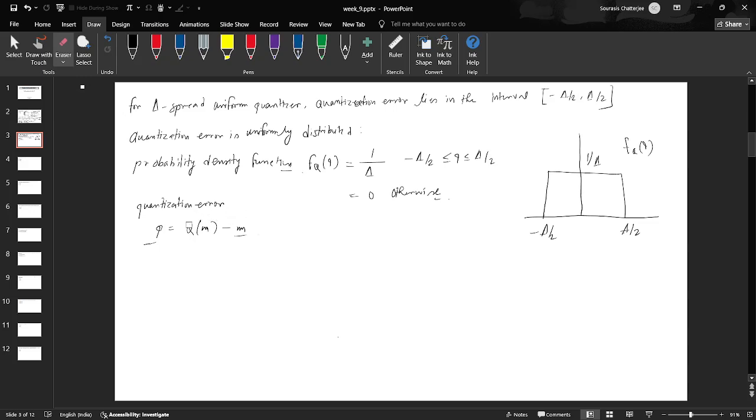Basically it's a mathematical notation which takes the input m and outputs the quantization level. So Q is a function and Q of m is nothing but the quantization level when m is the actual sample value. So let me point those out: Q of m is the quantized sample and m is the true sample value.